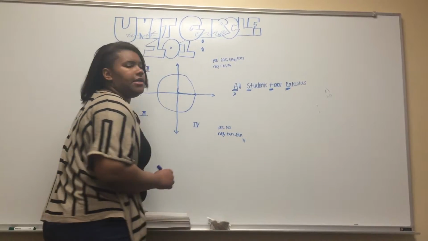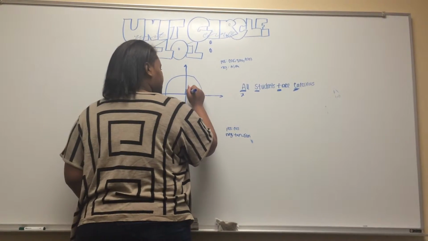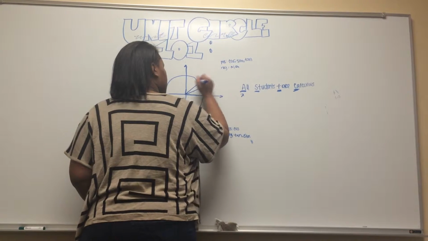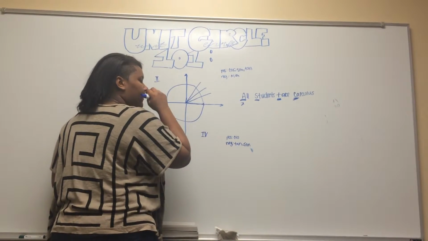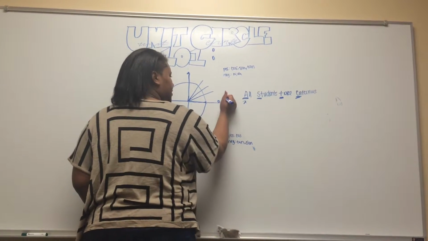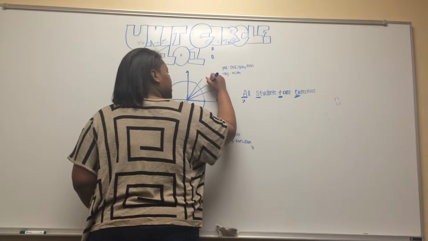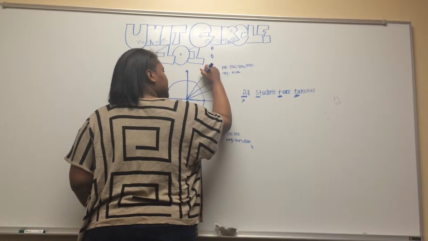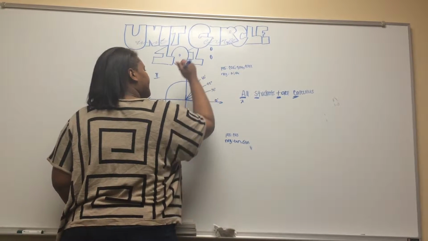A circle is 360 degrees. And for a unit circle, you divide it in 3 different parts. So this will be 0 degrees. This will be 30 degrees. This will be 45 degrees, 60 degrees, and then 90 degrees up here.